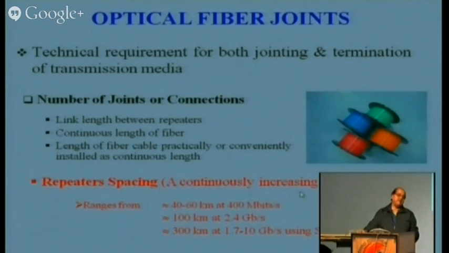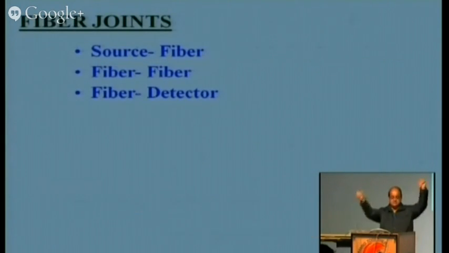We want it to be as far as possible, because each repeater adds to the cost. The more the number of repeaters, the more the cost added. It may be 60 kilometer, 100 kilometer, or 300 kilometer, depending upon the type of fiber or data rate. Okay. So where do I need the joint?